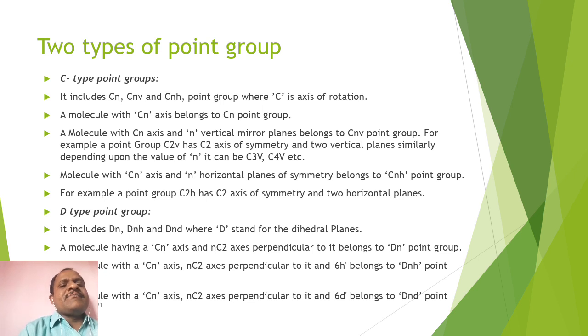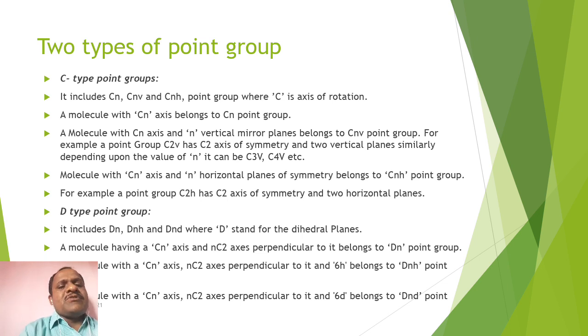One is the vertical plane, the second is the horizontal plane, and the third is the dihedral plane. If a molecule possesses a vertical plane, it comes into the Cnv point group. If the molecule possesses a Cn axis and n horizontal planes, then it belongs to the Cnh point group. Everybody understood?